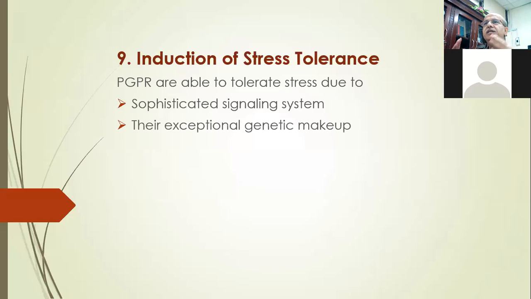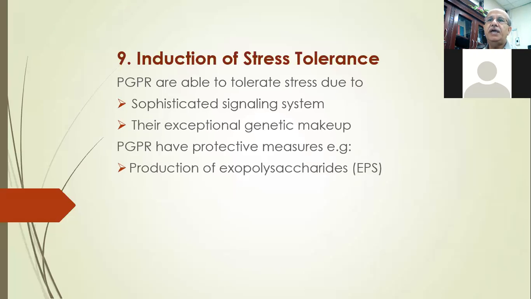We will study an independent chapter on how bacteria survive under stressful conditions and what those mechanisms are. Then the PGPRs have protective measures. What protective measures do these PGPR have?